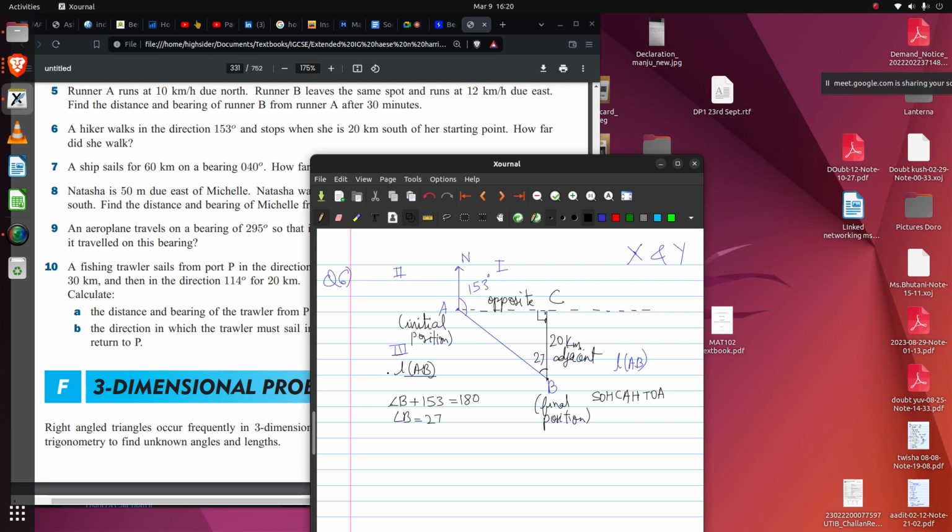So what should we use? Pythagoras is not required, because in Pythagoras I have to know two sides. I have only one side and one angle. So what would be better?